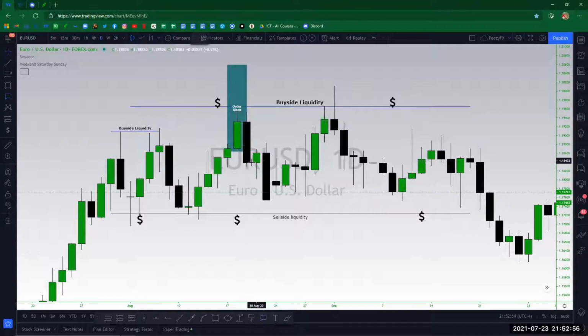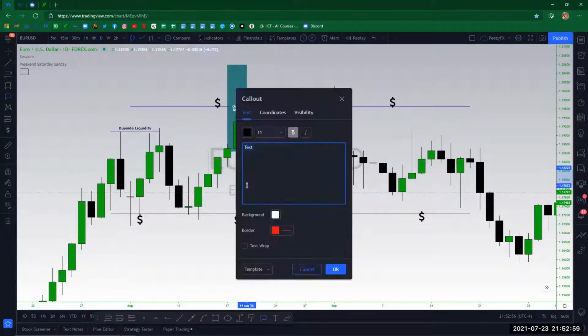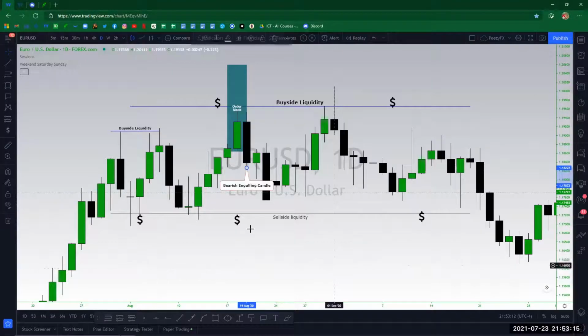This here is a bearish engulfing candle, or whatever you want to call it. It totally engulfs the order block. It's a bearish candle that engulfs the order block. That is confirming your down movement right there.